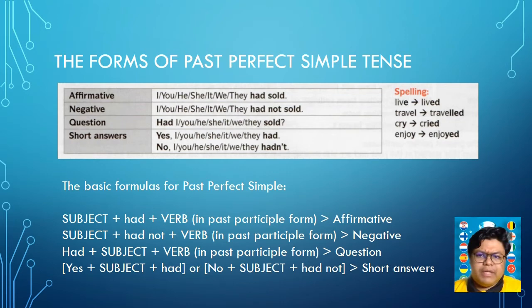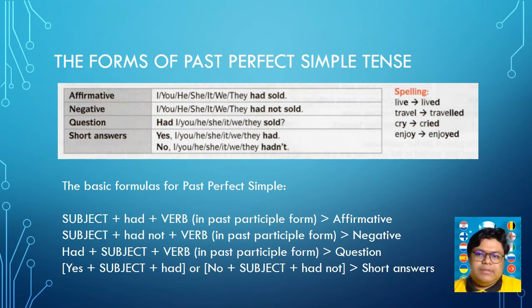normal verbs like live, travel, cry, enjoy, there are certain formulas that you can follow for the past participle. Okay, for example, live, you just add d at the end. Travel, when it is ended with a consonant letter, you just double the last letter and you add ed. If it's ended with y, you change y with i plus ed.